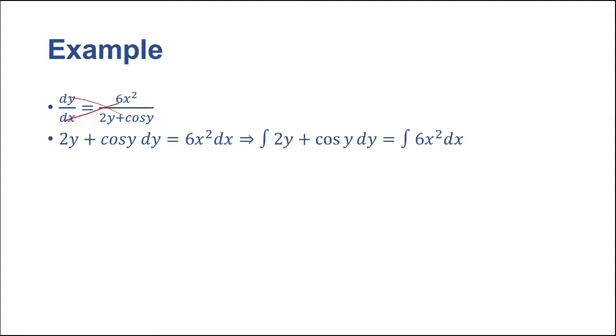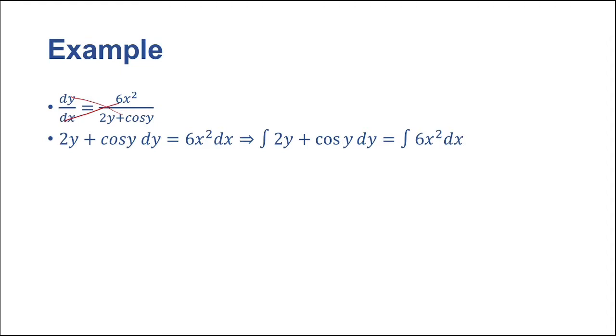So now we want to integrate both sides. And you can imagine sometimes you might have a more involved word problem where you're going to need to put bounds on integrals like this. Of course, in kinematics and physics, you're going to need to do that. Here we're not. We're trying to find a general solution. So we're going to get the integral of 2y plus cosine y dy is equal to the integral of 6x squared dx. Both of these are integrals that you should be able to do.